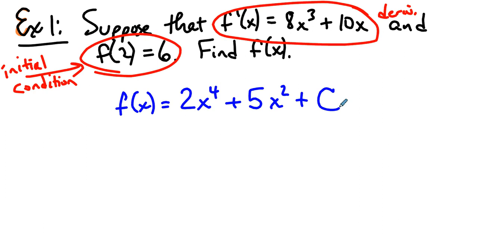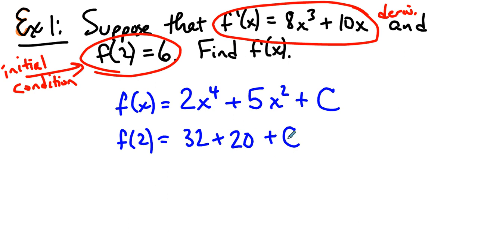Well, how could we find that constant? We know this piece of information. We know that f of 2 is 2 times 2 to the fourth. That's 16 times 2, 32. 2 squared is 4 times 5 is 20, plus a constant. We know that this is 6, which means that the constant is 6 minus 52, which is negative 46.